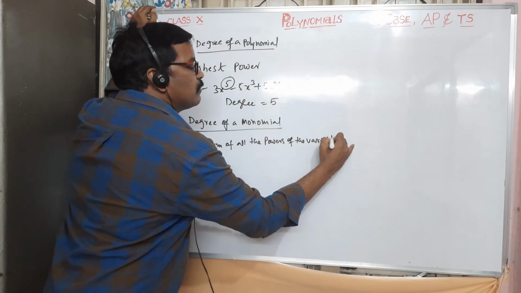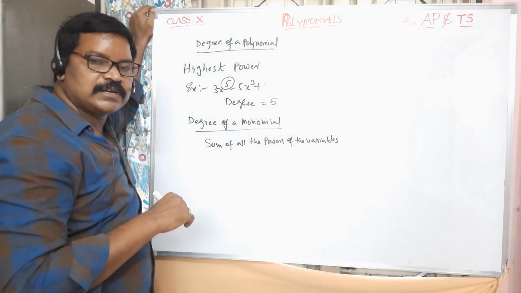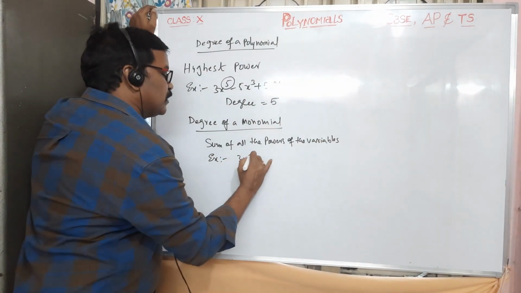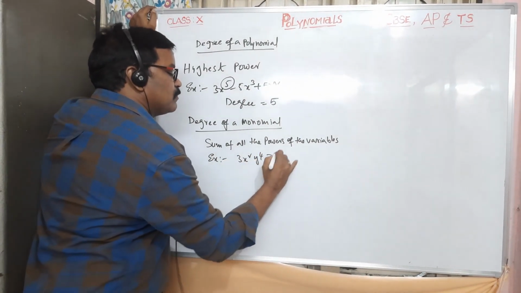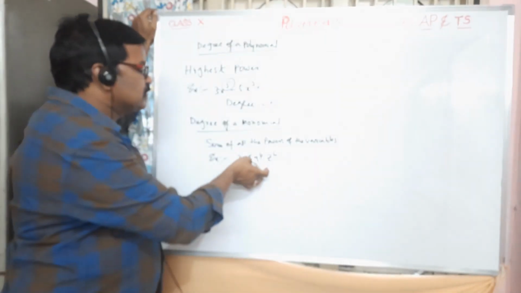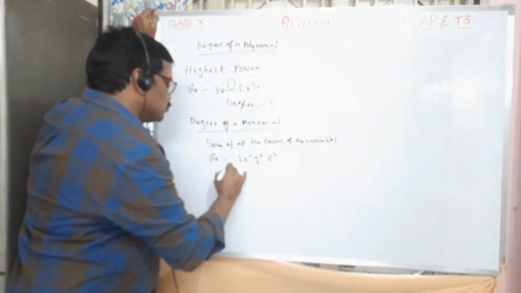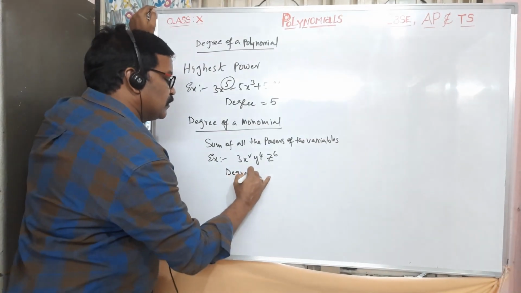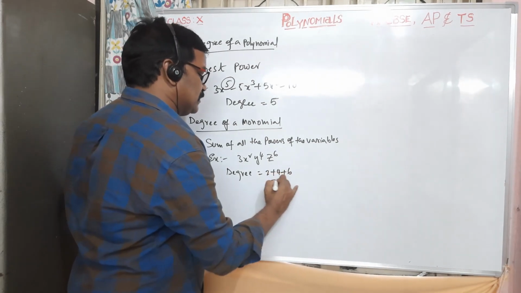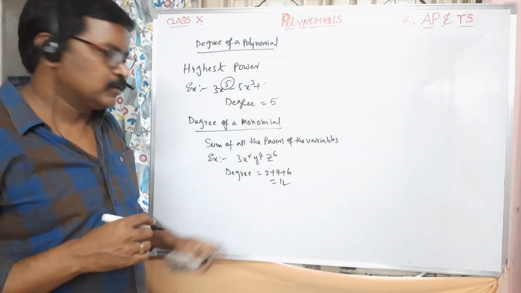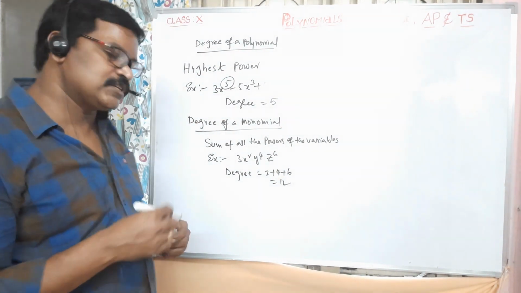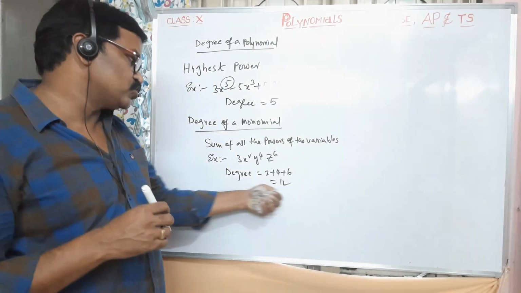For example, 3x square y to the power of 4 z power 6. It is a monomial since it has a single term. Its degree is 2 plus 4 plus 6, that is equal to 12. So 2, 4, 6 are the powers of the variables x, y, z respectively.